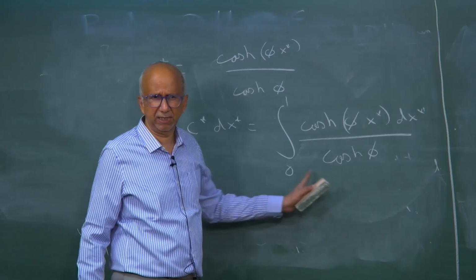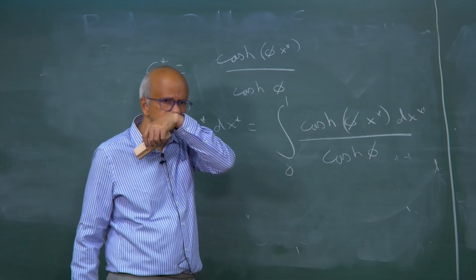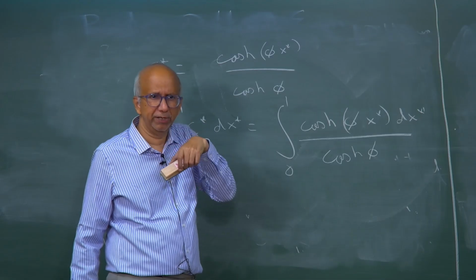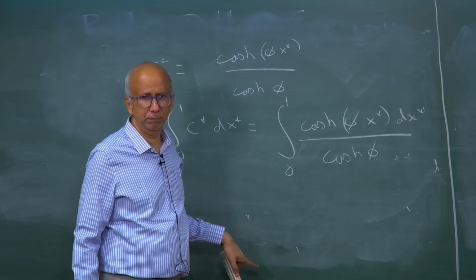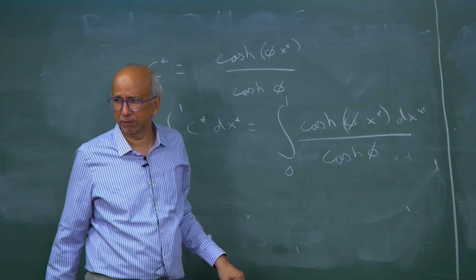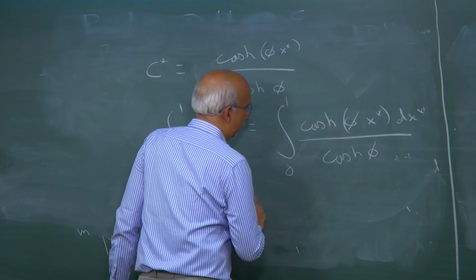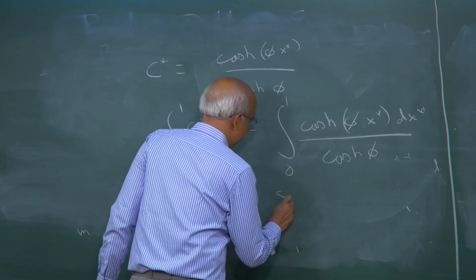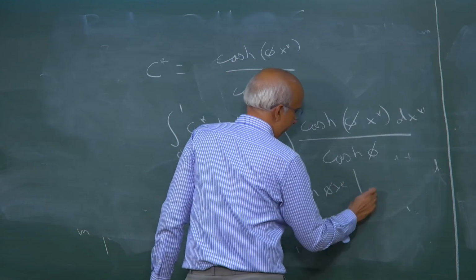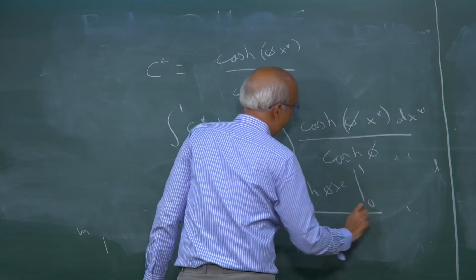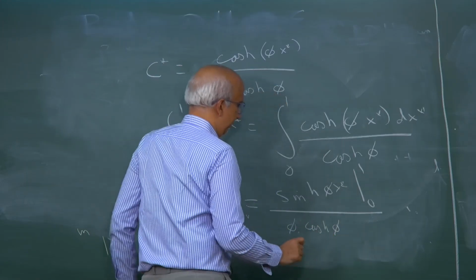This is a constant, it comes out. If you were to integrate cos hyperbolic phi x star, what do you think you will get? I wrote that expression, no? You will get sin hyperbolic, and because of integrating, phi will come at the bottom. This will be sin hyperbolic phi x star from 0 to 1, divided by phi times cos hyperbolic phi.